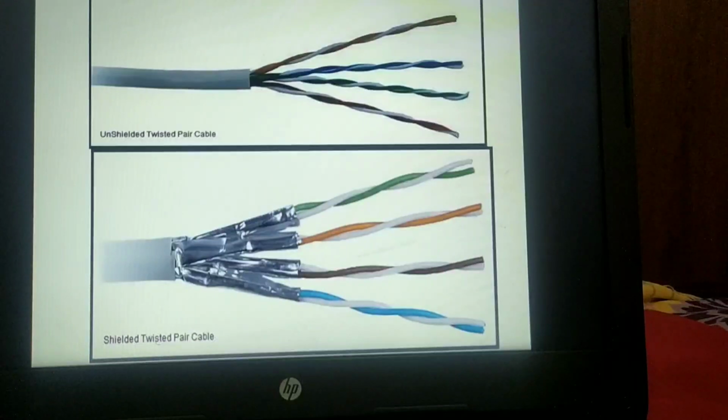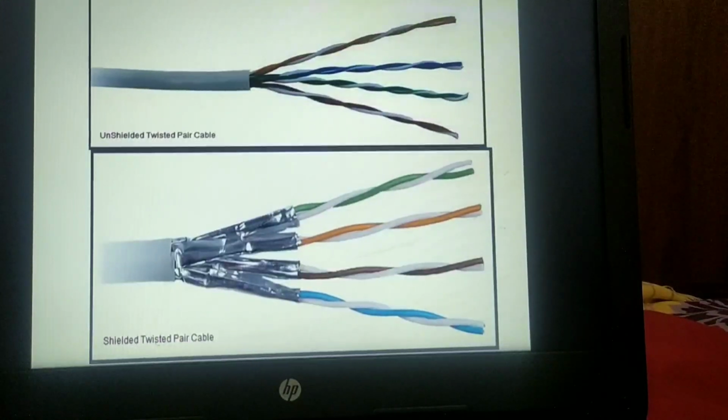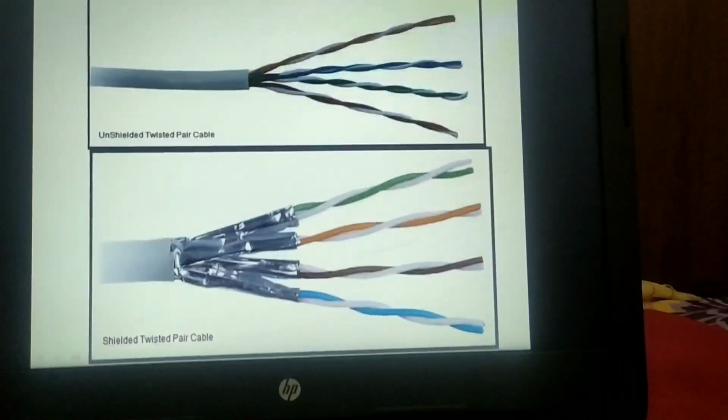Now what exactly is this crosstalk? Crosstalk is whenever two different cables are sending their data signals, but they are very closely placed, both being adjacent wires. Think that this is one twisted pair cable and this is one more twisted pair cable. You are sending data signals through this cable, and at the same time there is also a flow of data signals through this cable.